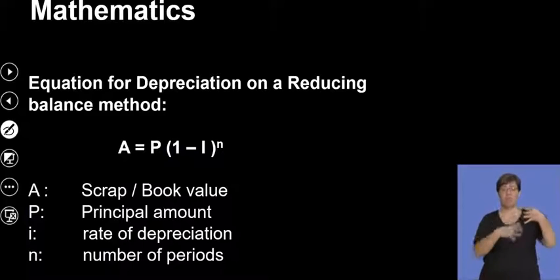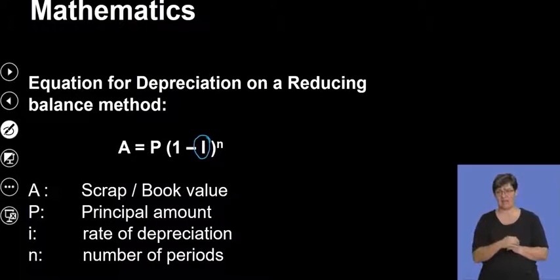The formula that we normally use to calculate depreciation on the reducing balance method is the same as the formula for compound growth, but with a minus now. So this here is actually supposed to be i in a small letter, although it's a capital letter there.